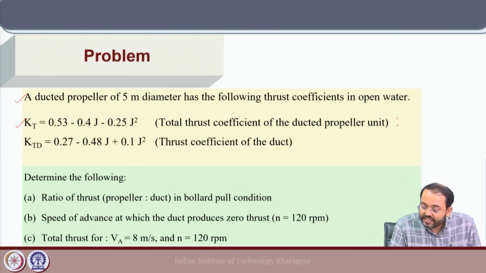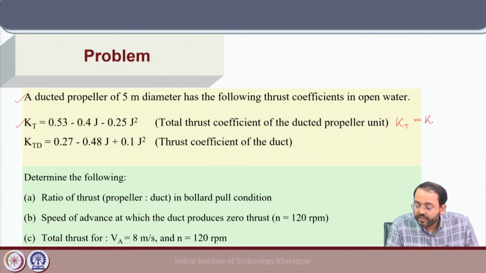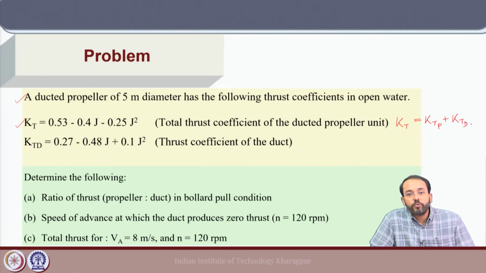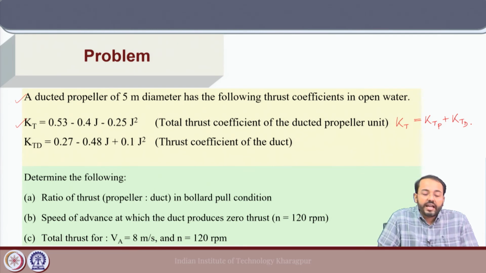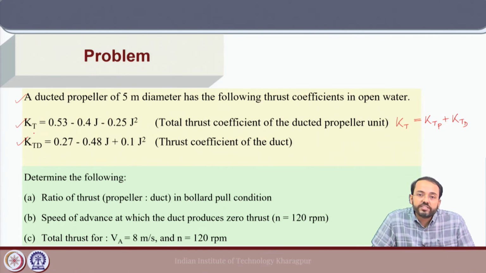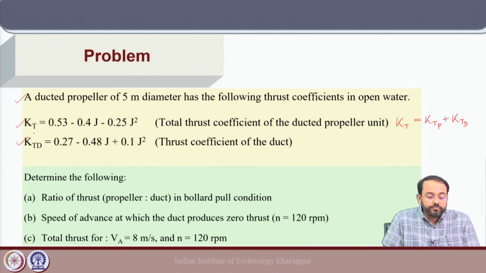So, this Kt is equal to Ktp plus Ktd, the contributions from both the propeller and the duct. And next we have the thrust coefficient of the duct. Both of them are expressed as a function of the advance coefficient J.